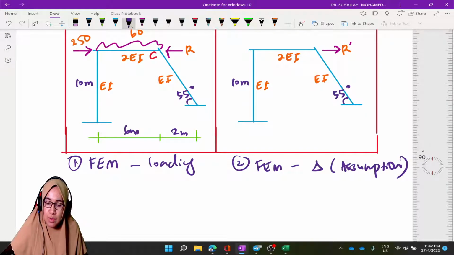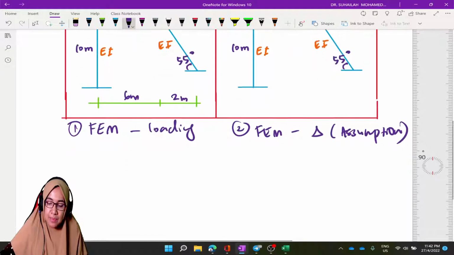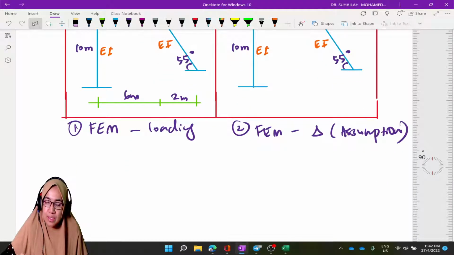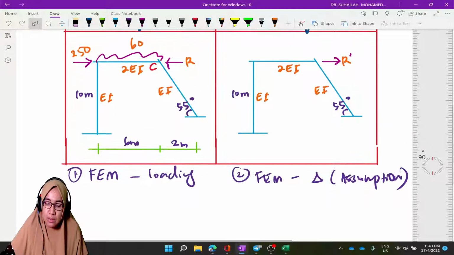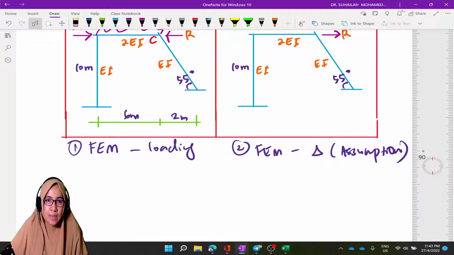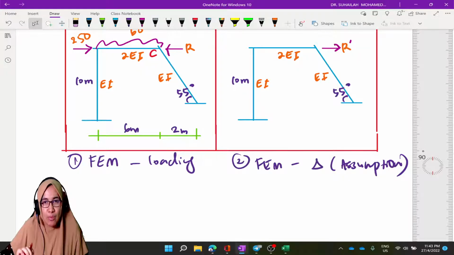Because in the next step, whenever we want to calculate the R value and R prime value, we actually do the same. We want to focus on this FEM first, because in the table, the first moment that we put in the table is FEM.